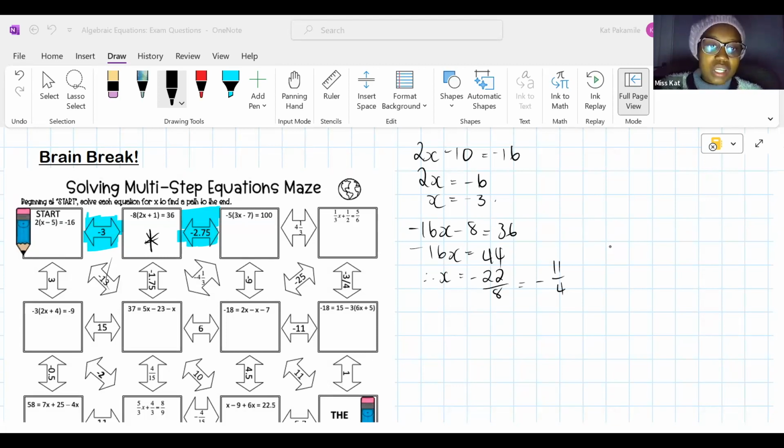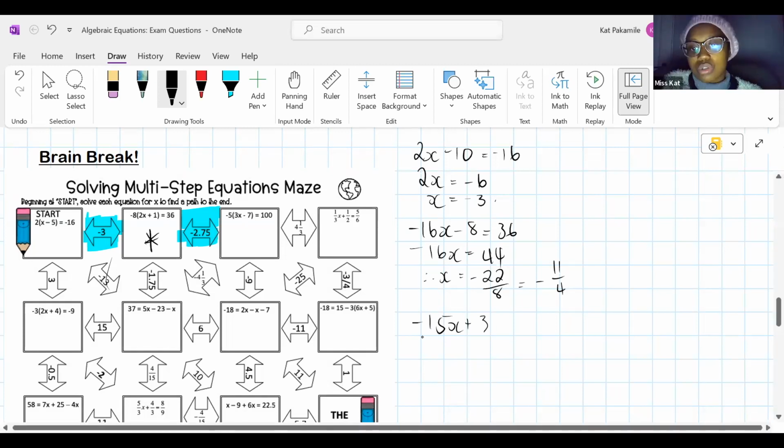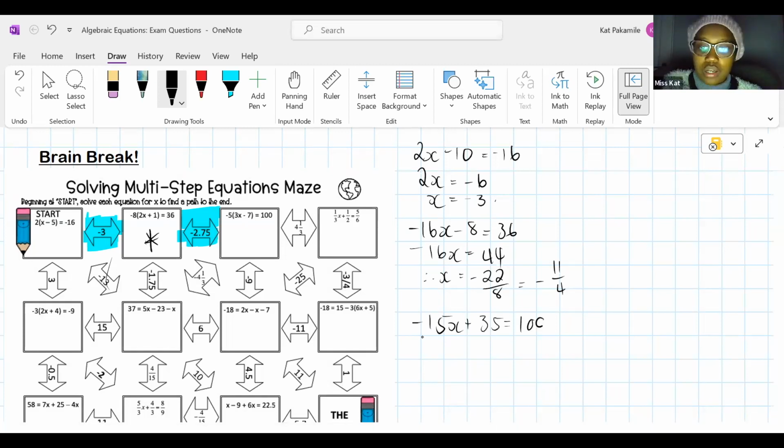What's next, guys? We've moved on to the next block. The sooner we do this, the better. Thank you. Isa says it's 4 1/4. We're moving right again, says Bontle. Let's check. So it's going to be negative 15x plus 35 equals 100. Negative 15x equal to 65.